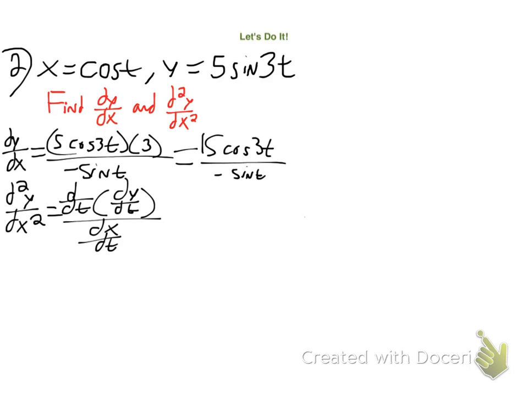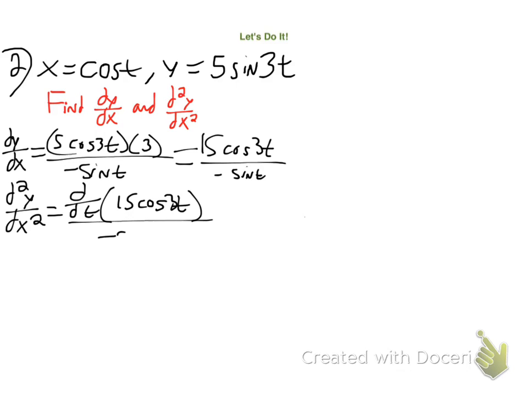So let's do that. So that's 15. What that means is we'll have d/dt of 15 cosine of 3t over negative sine of t, right?